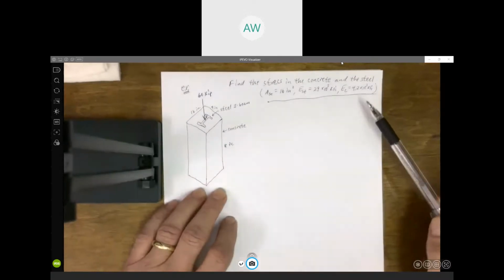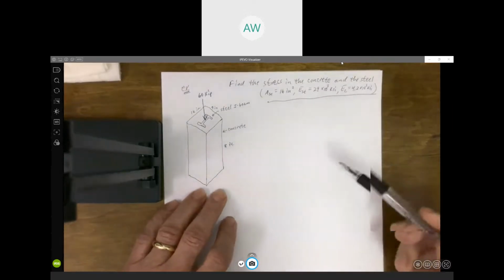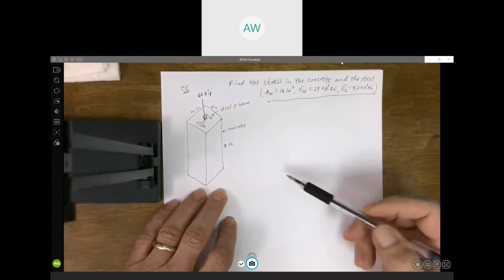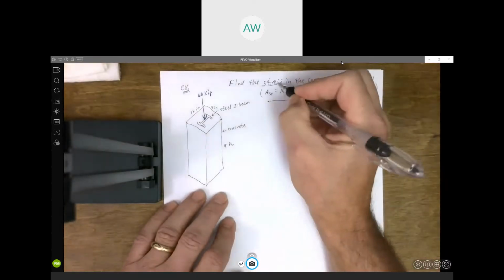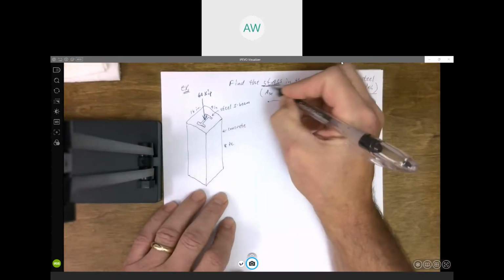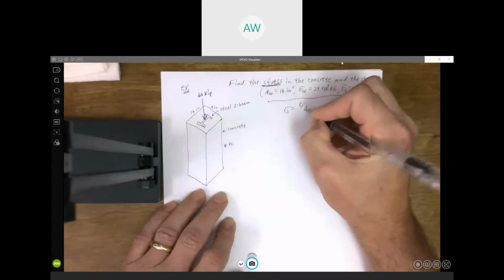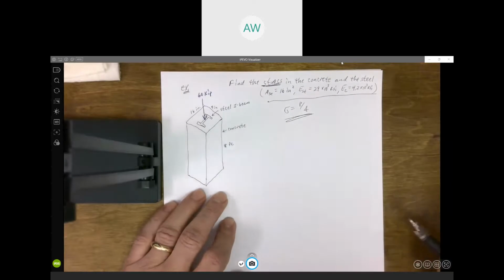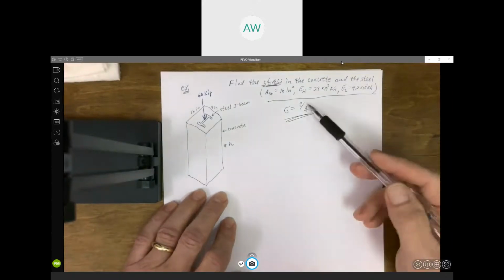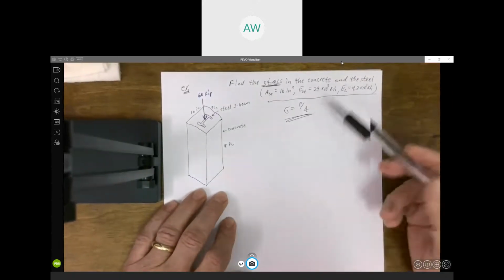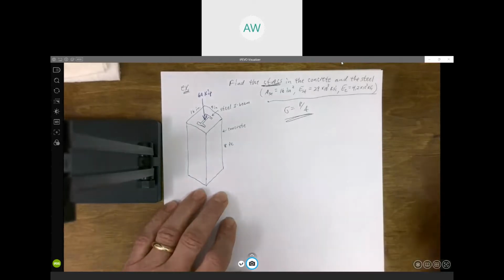But anyway, that's digressing. So we want to get the stress in the concrete and the steel. Remember, sigma is P over A. So we need to know what the force in the steel is and what the force in the concrete is. If we know those, then we just do P over A to get stress, right?